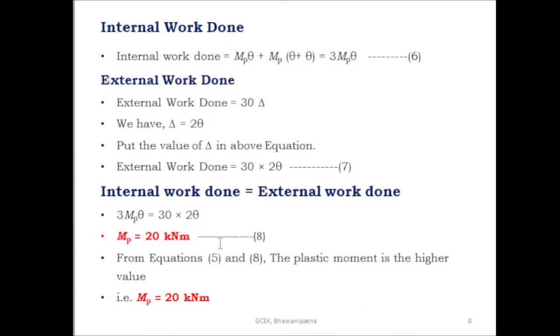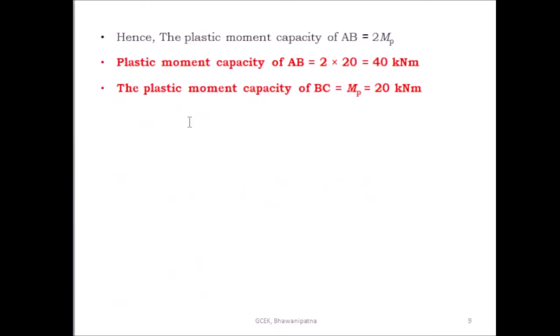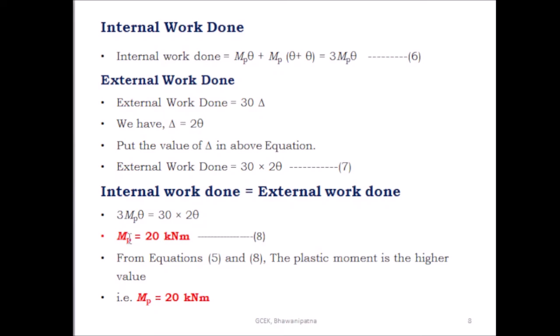From the collapse mechanism of AB, you know the plastic moment capacity is 13.846 kilonewton meter. And from the collapse mechanism of BC, you got the plastic moment equal to 20 kilonewton meter. The plastic moment is the higher value among the two plastic moments of span AB and span BC.